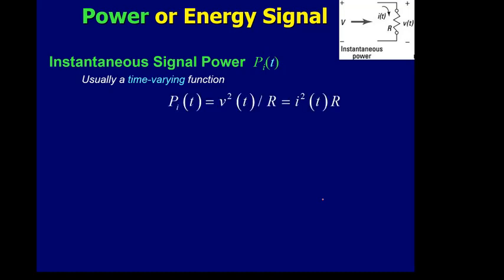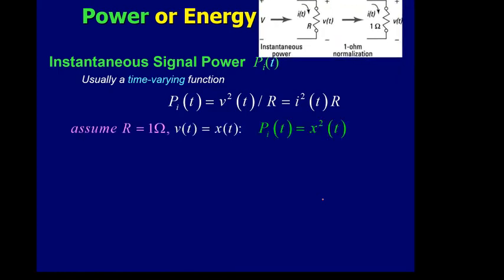If we use P as our power indicator, and if it is a time-varying excitation, power will be a function of time, at least the instantaneous power will be. And in this simple circuit, it would be V times I, which, because of their relationship through the resistance R, we could express as either V squared over R or I squared R. And if the voltage changes with time, so does the power. If the current changes with time, so does the power as well.